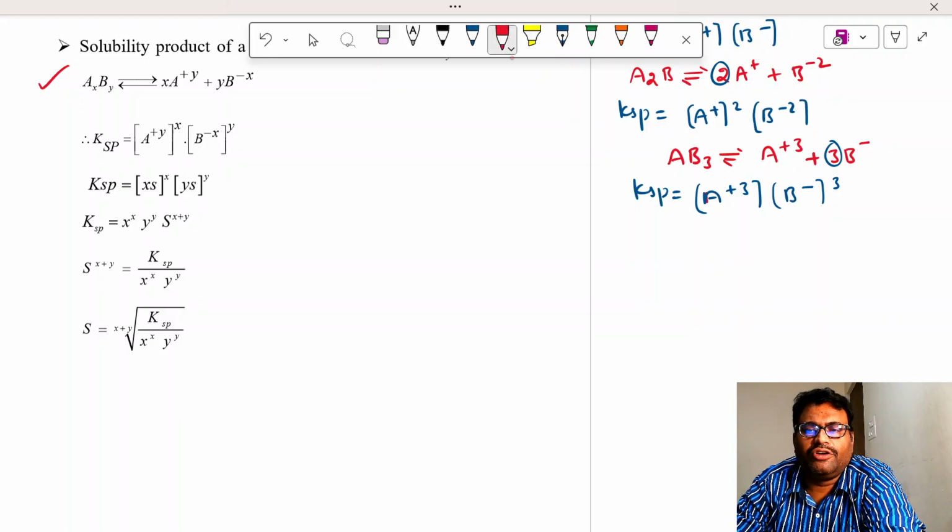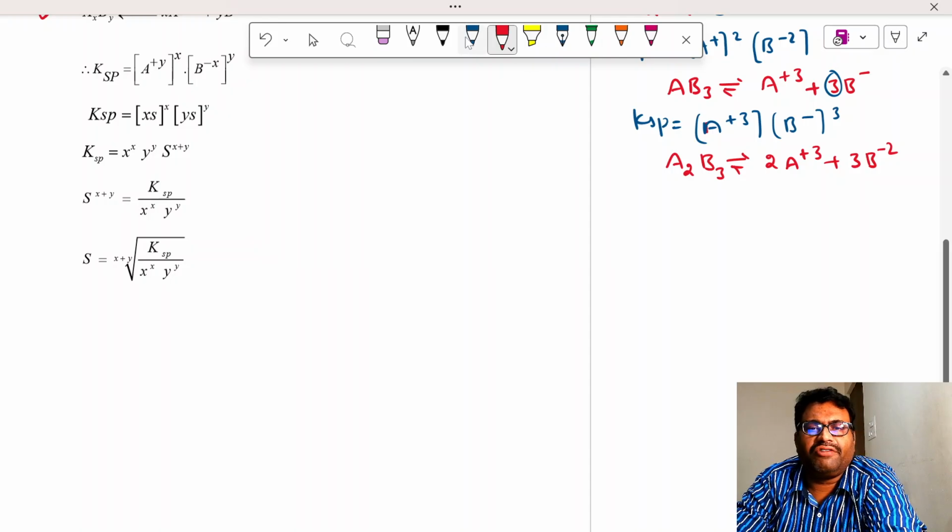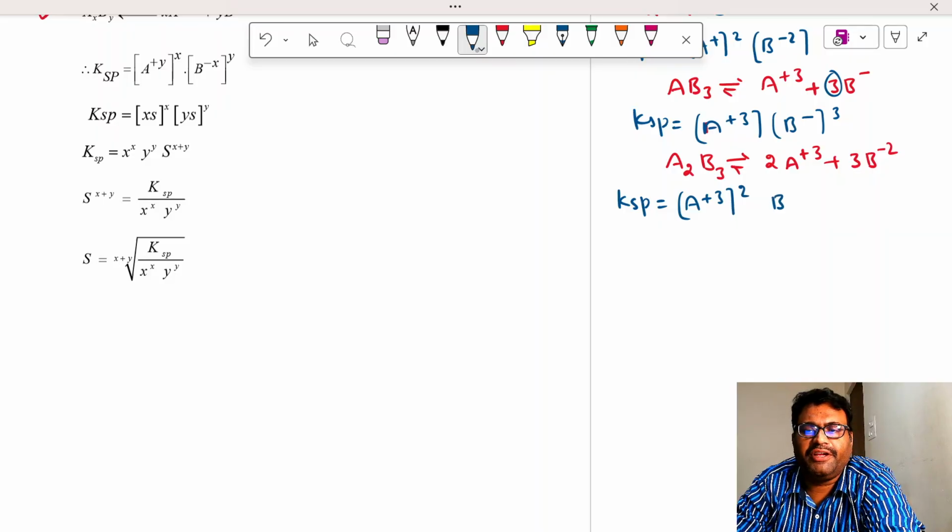If you go with A2B3, it gives you 2A plus 3 and 3B minus 2. What will you write for KSP? KSP is written as concentration of A plus 3 power 2 and concentration of B minus 2 power 3.